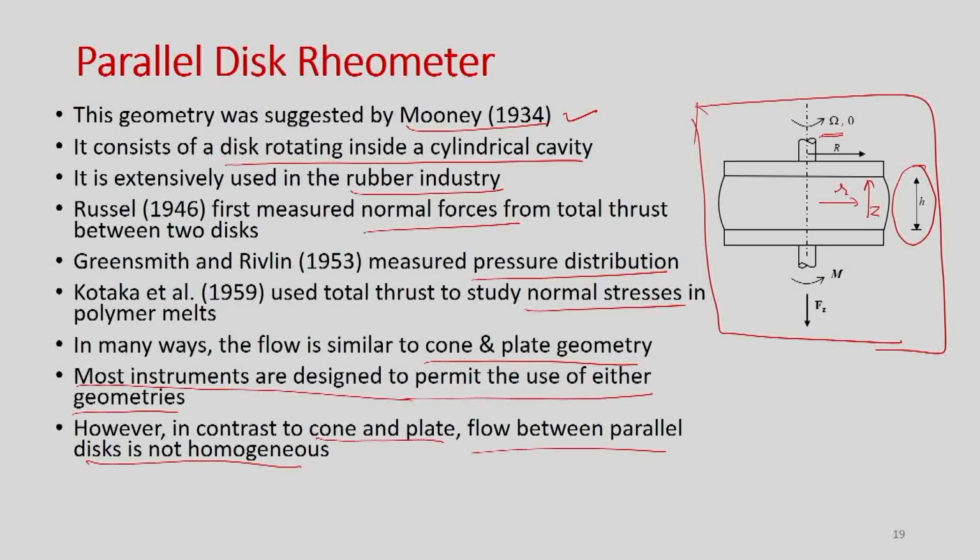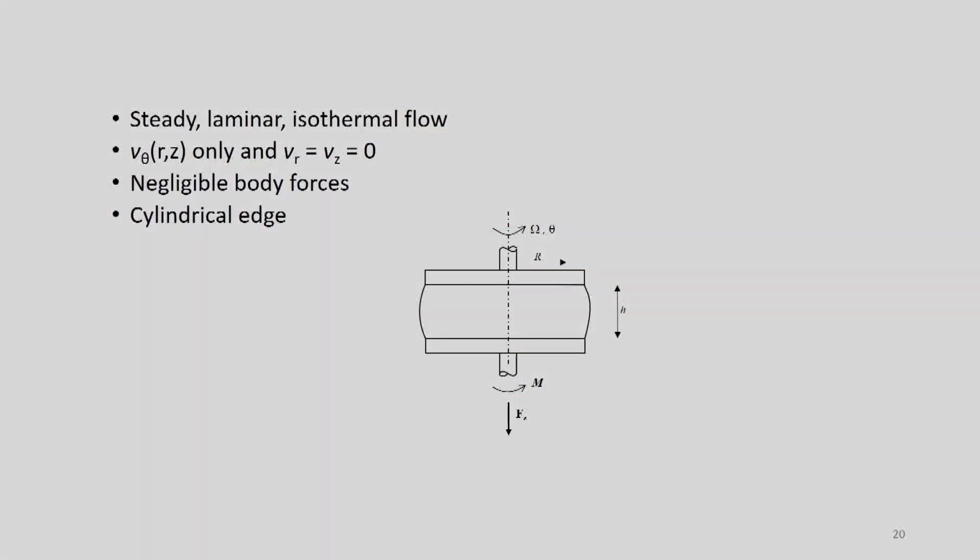Now, here also we have to do a similar analysis to get the expressions for the shear stress and shear rate. So, how do we do that? If the gap h is small, then one can have a steady laminar flow rotating in the theta direction.